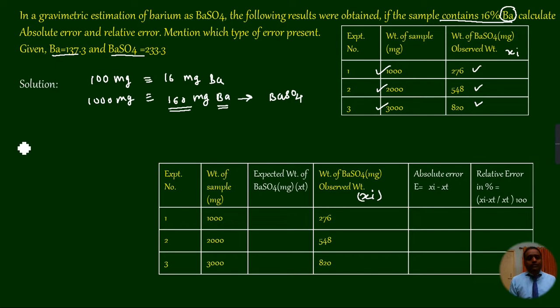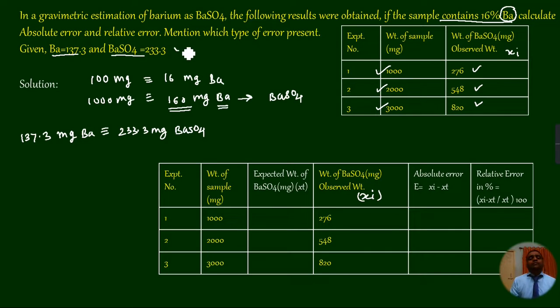From the given values, 137.3 milligrams of barium will be corresponding to 233.3 milligrams of barium sulfate.